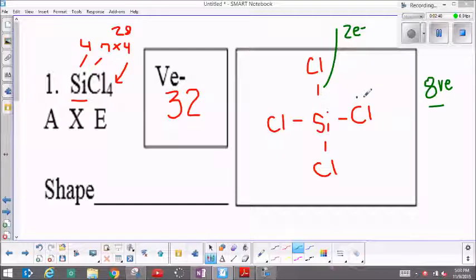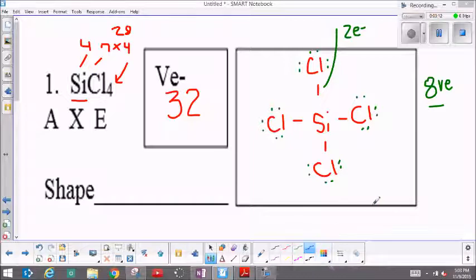8, 9, 10, and so on, up to 32. So as you can see, I have distributed 32 electrons, which is the number of electrons that I needed to distribute.